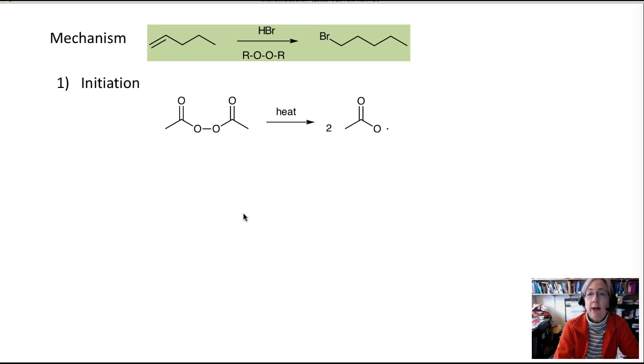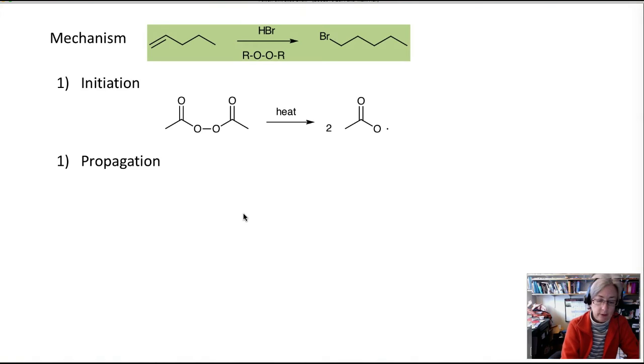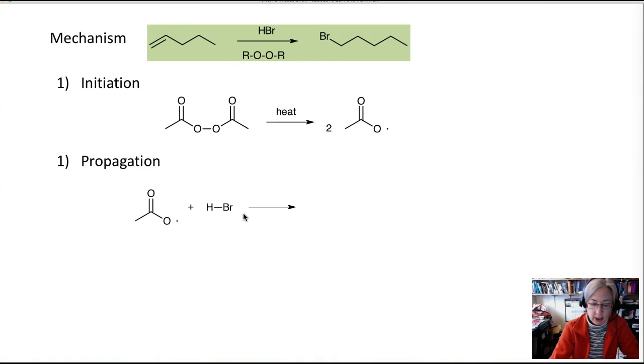And now we have radicals abounding, so that a radical is going to be looking for something to react with. Well, what does it have to react with? That's fairly apparent that what it has to react with is 1-pentene. So in the propagation step, your radical, it also has HBr to react with. 1-pentene, HBr.